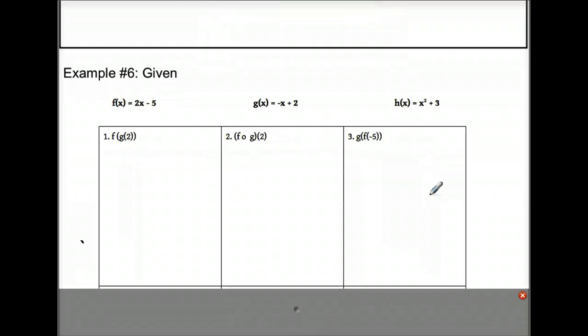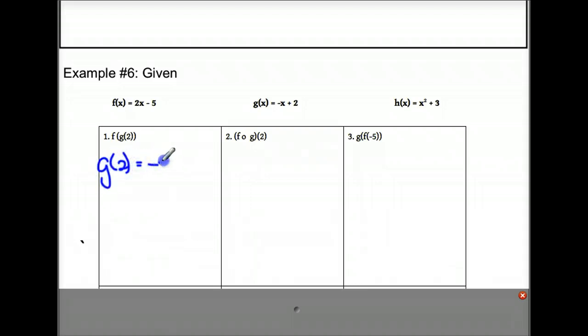Alrighty, our last example here says, given f of x is equal to 2x minus 5, g of x is minus x plus 2, and h of x is equal to x squared plus 3. I want to find f of g of 2. So the first thing is I work on the inside parentheses, which is g of 2.